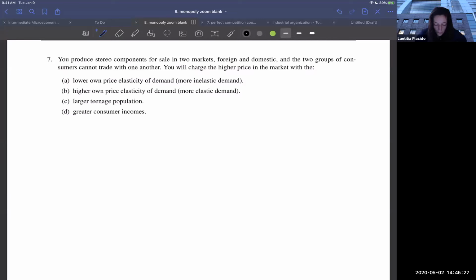You will charge the higher price in the market with... Okay, we have seen that the monopolist is going to charge a higher price in the market where the price elasticity of demand is closer to zero, so where the demand is relatively inelastic. So our answer here should be lower on price, more inelastic demand. So answer A.